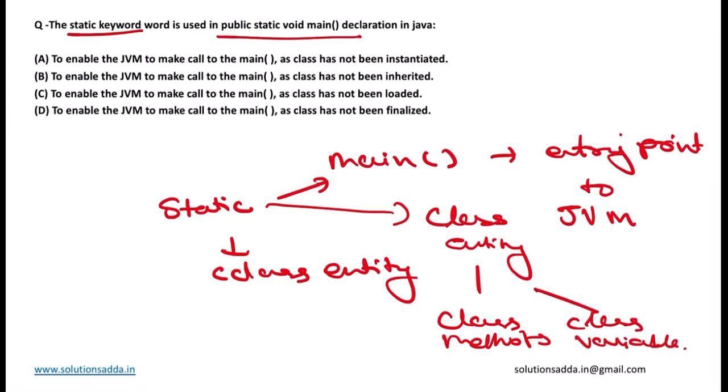Therefore, static methods and variables can be directly accessed with the help of the class, and hence it is not needed to create objects in order to access a static method or variable. Therefore option A is the correct option, to enable the JVM to call the main as the class has not been instantiated.